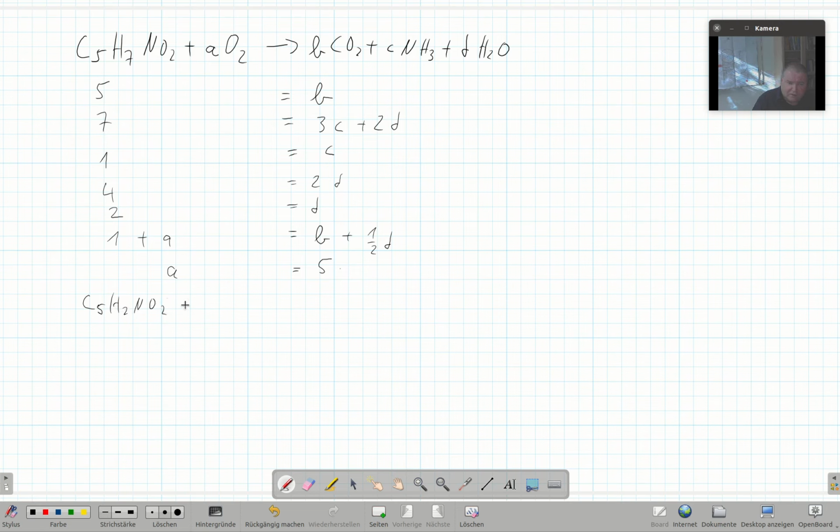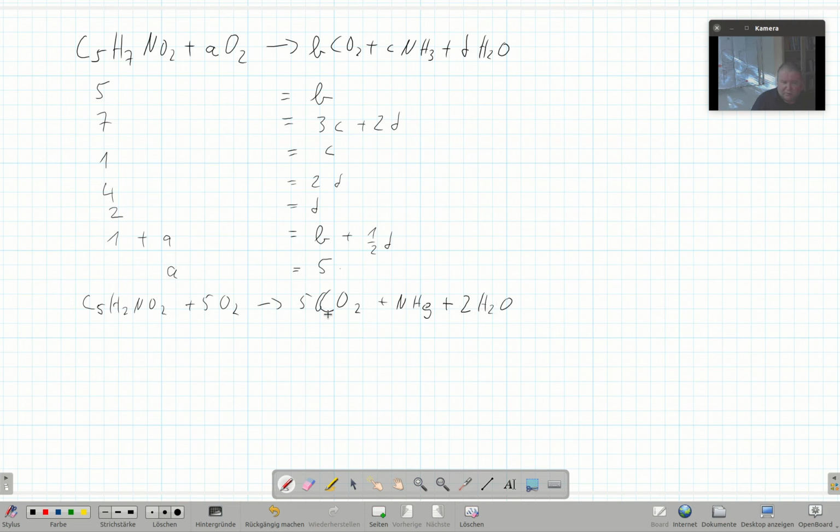C5H7NO2 plus 5 O2, resulting in 5 CO2 plus NH3, and we have 1 plus D, so 2 H2O.